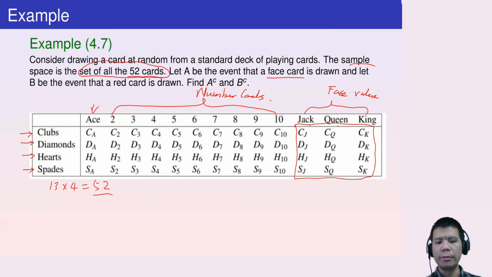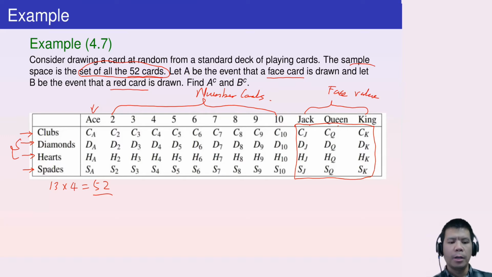So this is our event A. It consists of all the face cards. Event B is the event that a red card is drawn. For a red card, that means it is a diamond or heart. Diamonds and hearts are red in a standard deck.